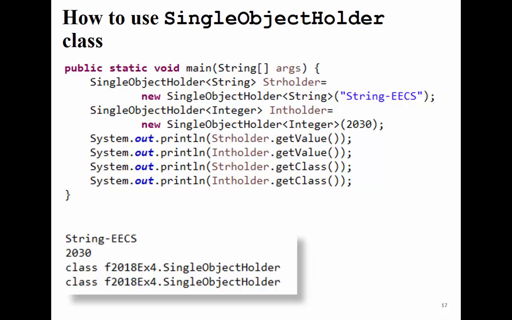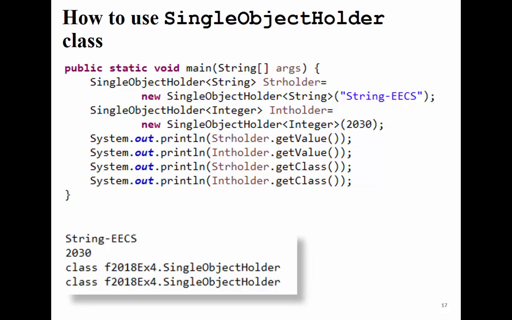To be able to use the generic class, as you can see, we have to provide inside the angular brackets the type that we would like the generic class to hold. It's the same thing you saw in the labs when you were working with the list. You say, I need an array list of integers. You provide that type, and that is why the array list was defined as a generic class.